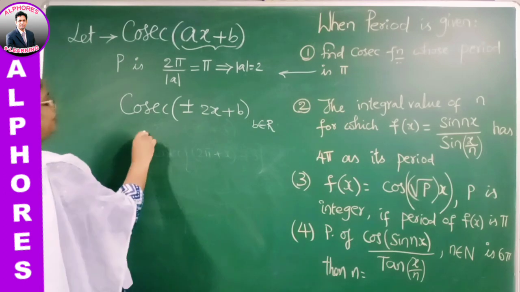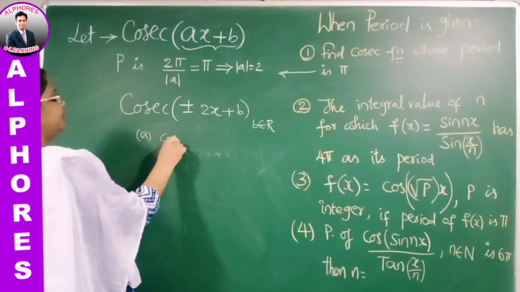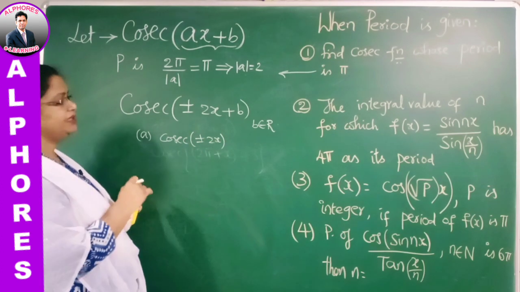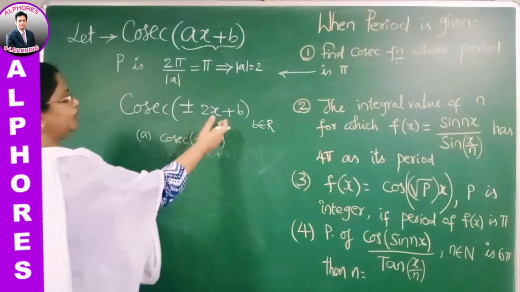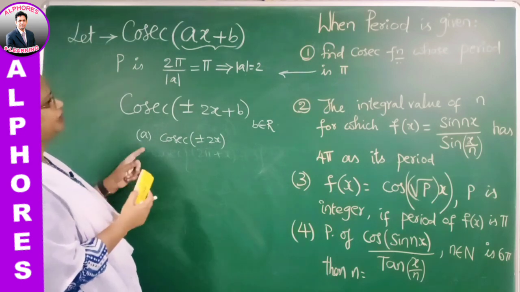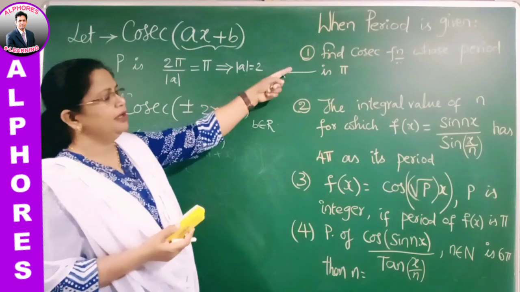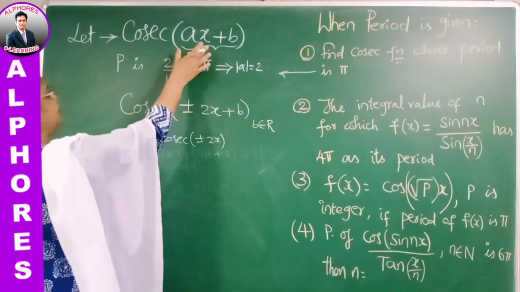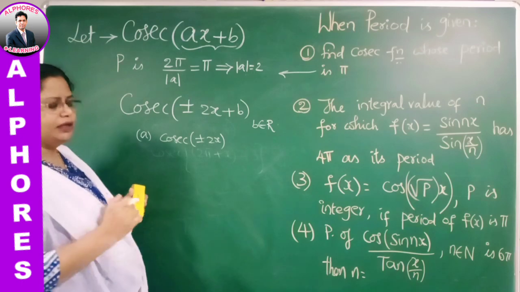Sometimes they give options as only cosecant of plus or minus 2x. We can't say this is a wrong option because they have taken the b value as 0. So in this way, students, whenever they ask to find a function when the period is given, we have to start the problem by taking it this way.